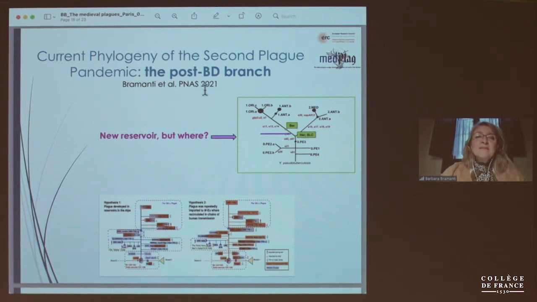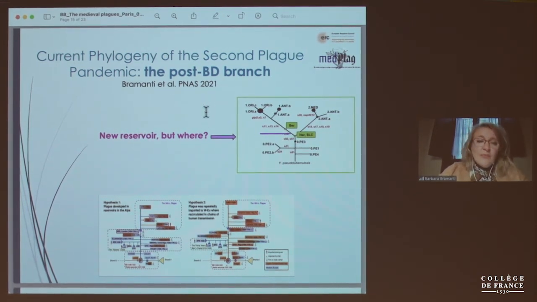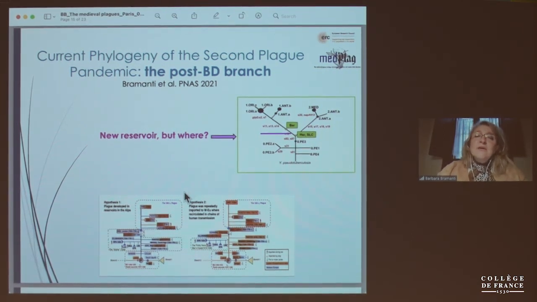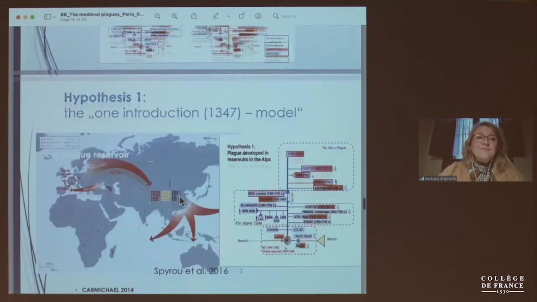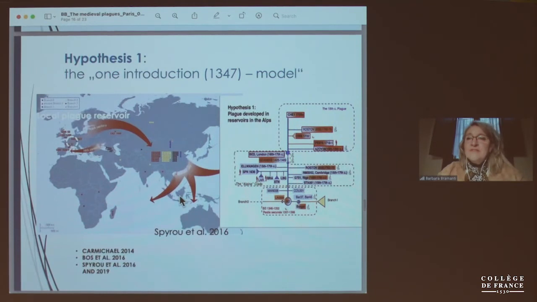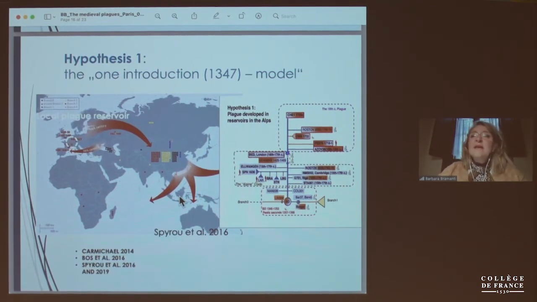Well, in this paper, just published a couple of weeks ago, we have proposed to analyze the phylogeny keeping in mind two hypotheses. The first hypothesis is that plague was introduced into Europe just once at the time of the Black Death, and it developed in Europe in a local reservoir.